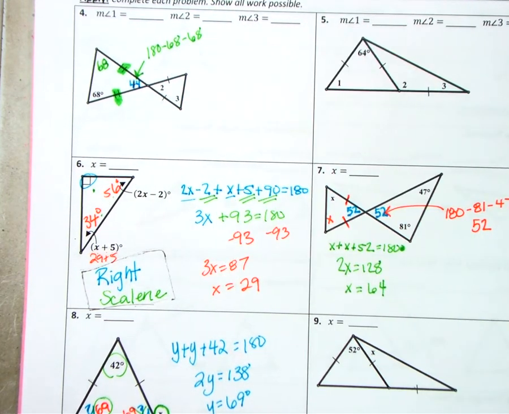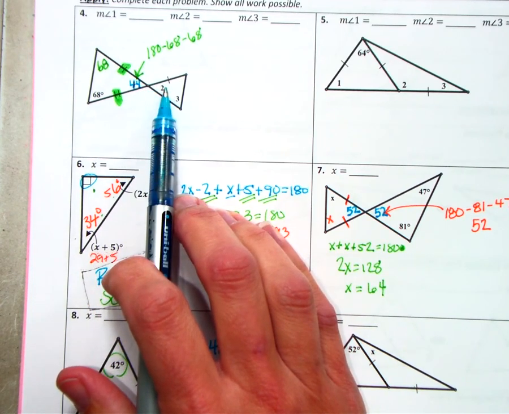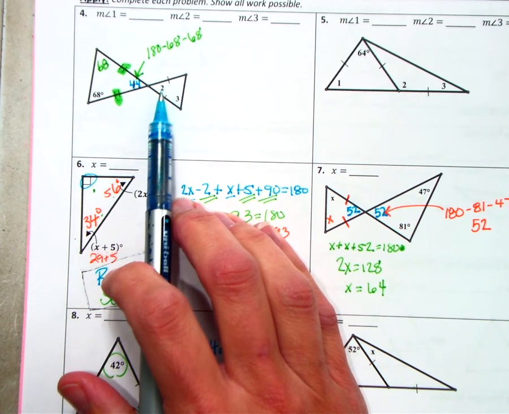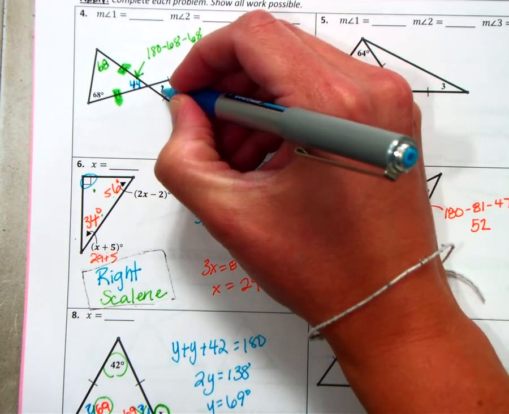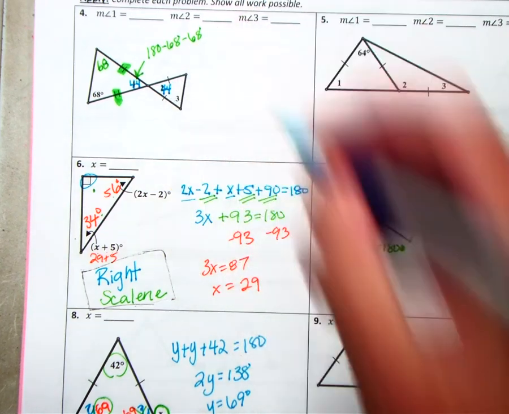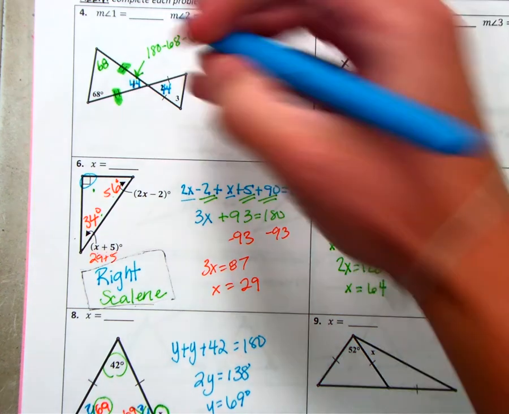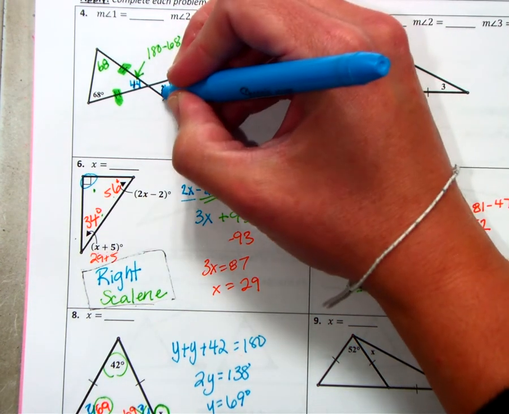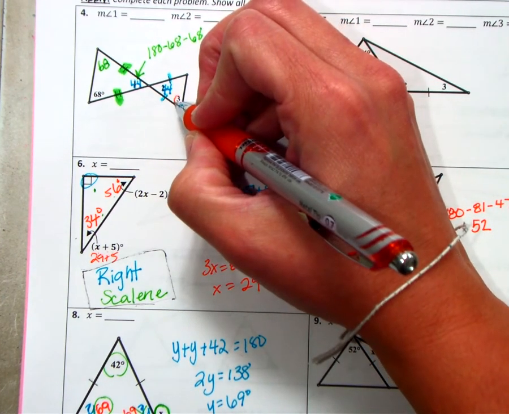And then what we just talked about with the vertical angles, we can take that 44 and bring it across by vertical angles to make this angle 2 also 44. And again, we've got a set of congruent sides, which means we have a set of congruent angles.